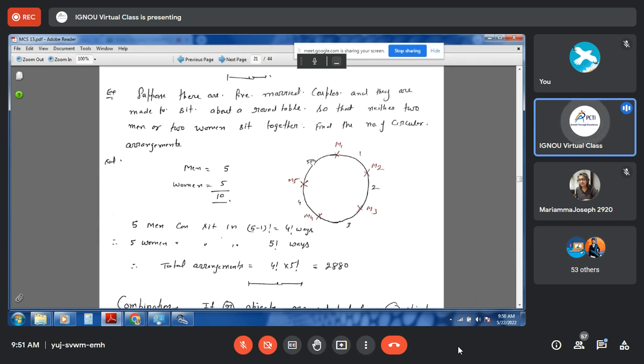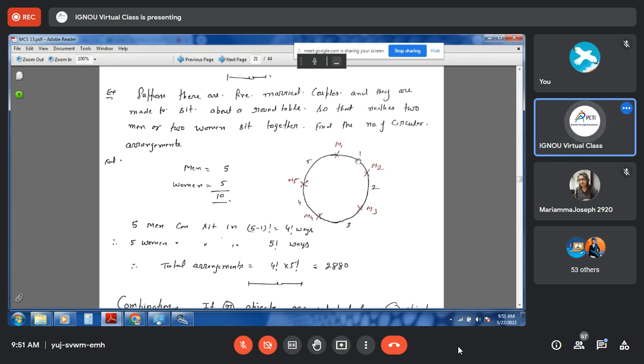Now we call the women and say, sit in the vacant places. They need not make a circle, since the circle is already formed by the men. So the circular formula will not be applicable to the women.